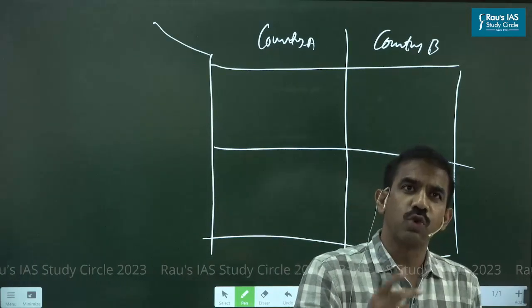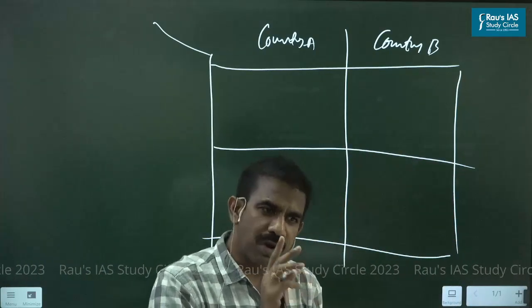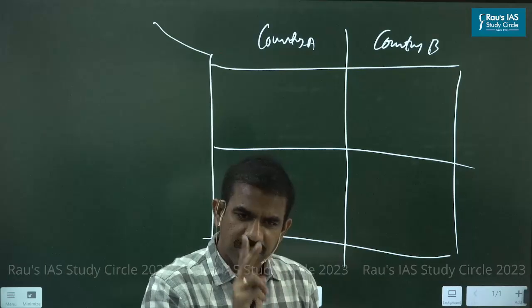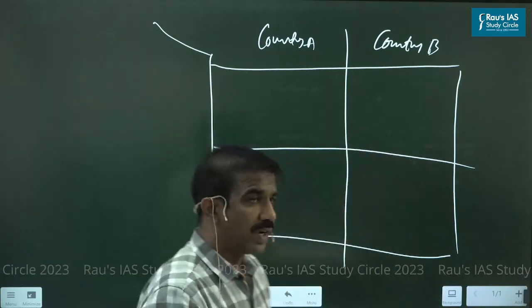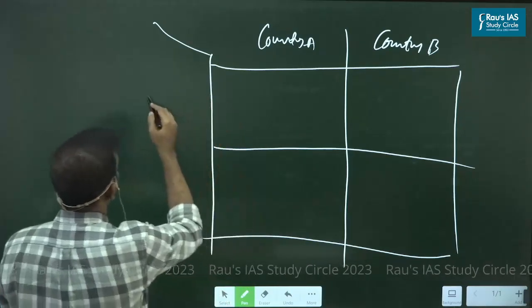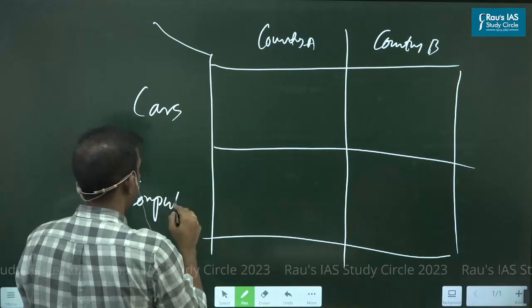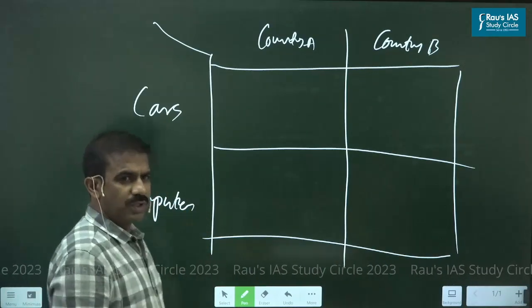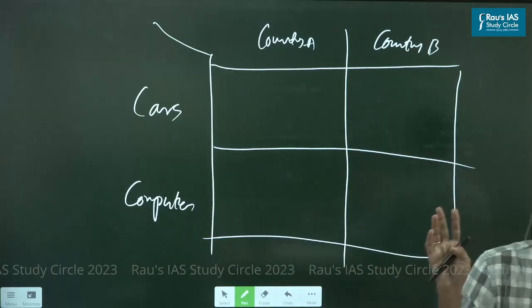These two nations can only produce two different types of output. Both produce similar output, only two types: cars and computers.